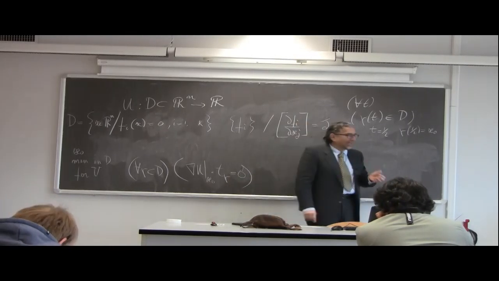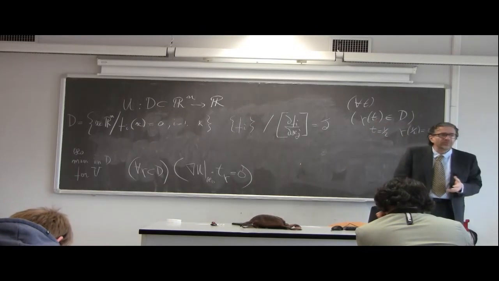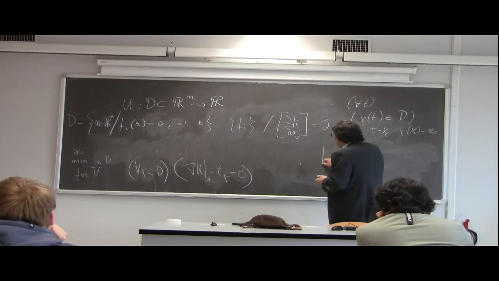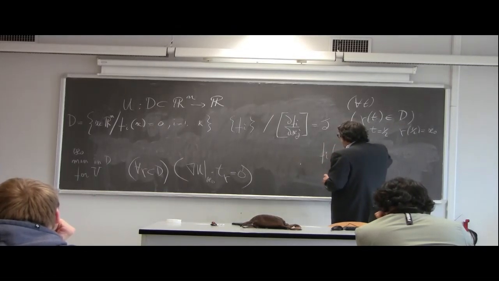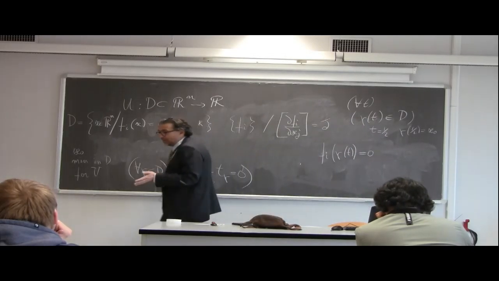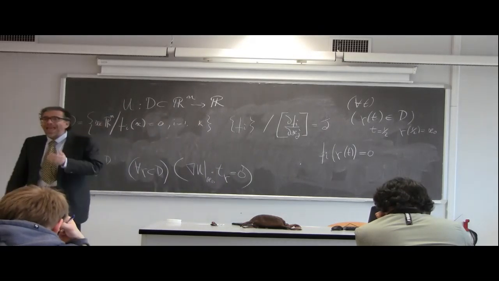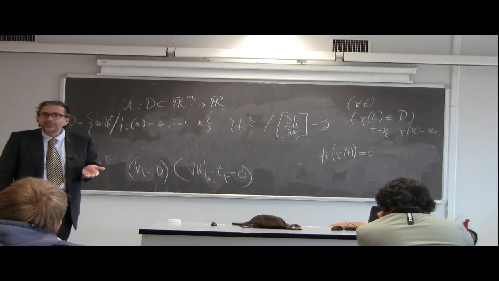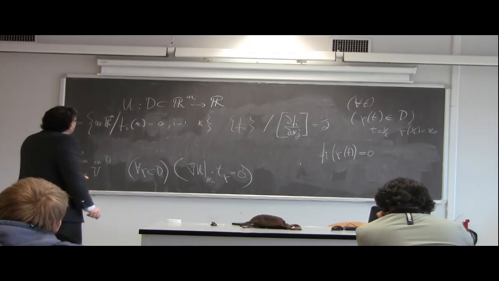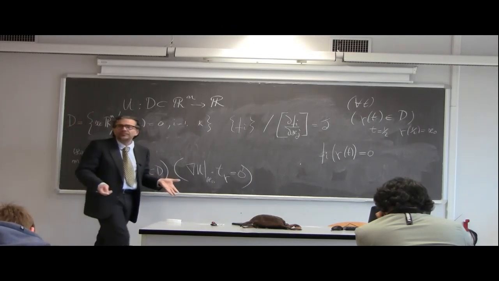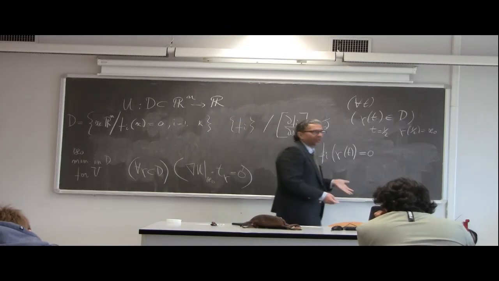The set of all tangent vectors to every curve. Phi of gamma of t is equal to 0. You agree with this? Every curve gamma is included in D. So phi of gamma of t has to be 0. This is the definition of D.